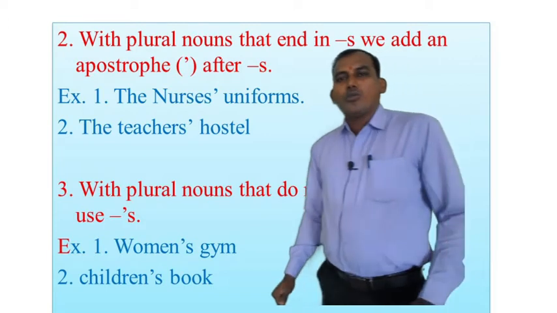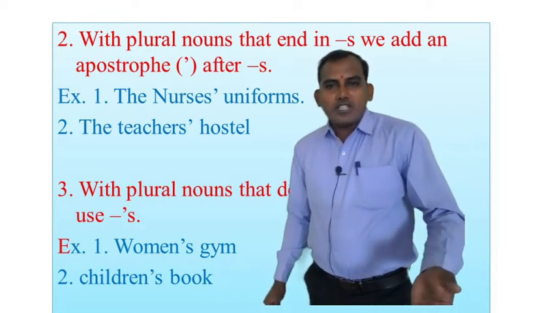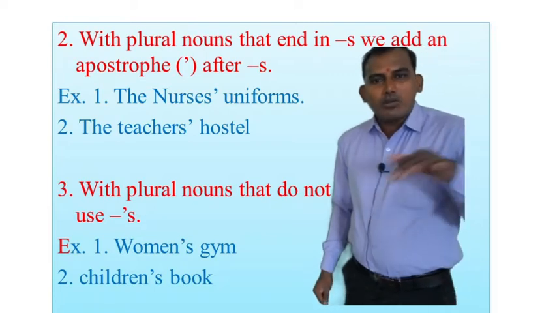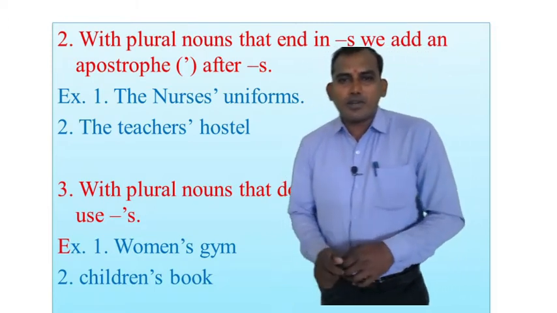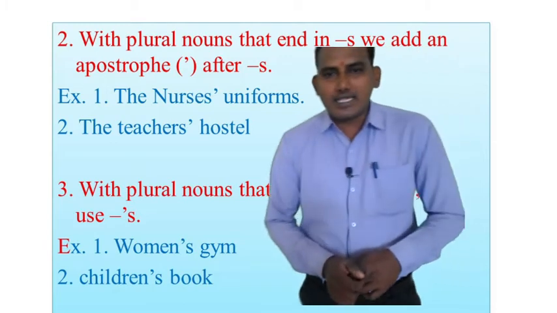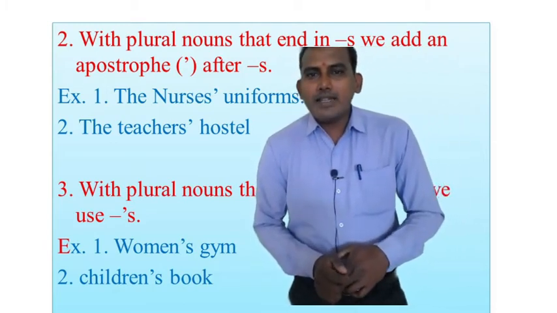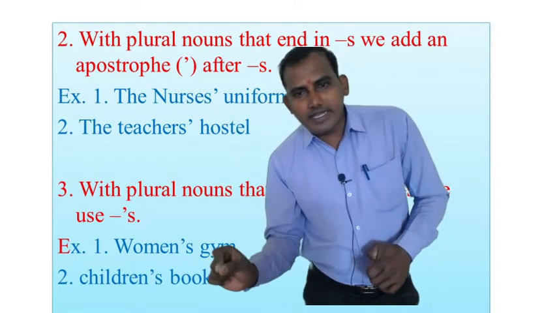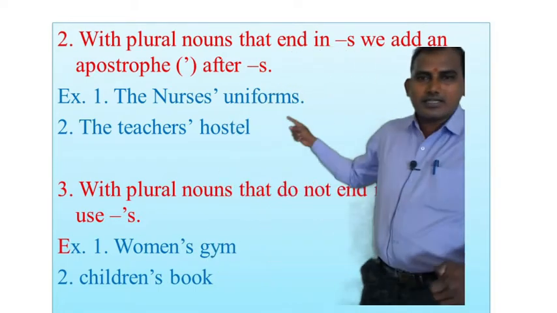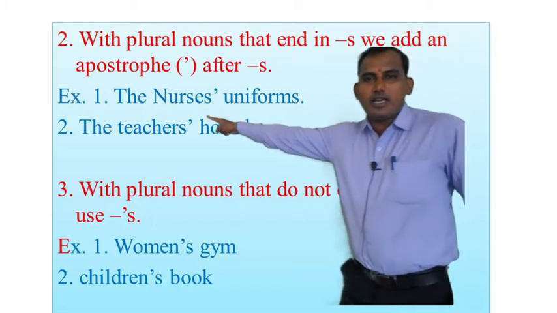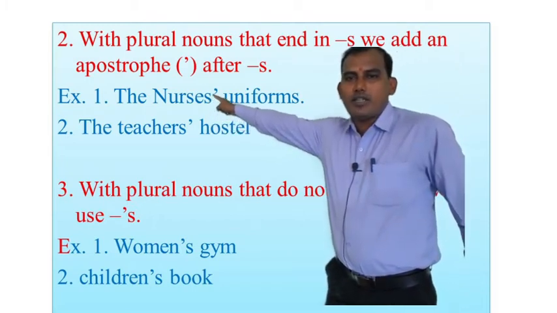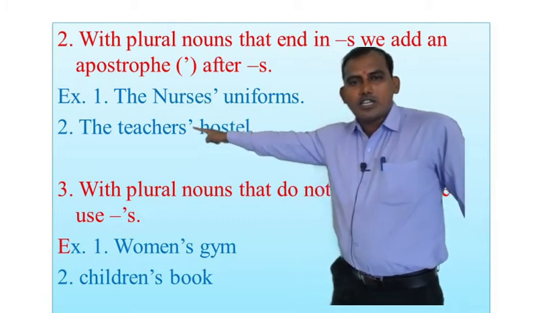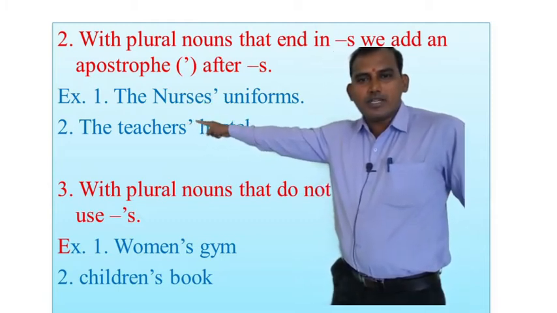Now how to form the possessive case with plural nouns that end with s. For an example, nurses. We can simply add an apostrophe after s. The nurses' uniforms. Here we have added an apostrophe after the noun, or teachers' hostel.